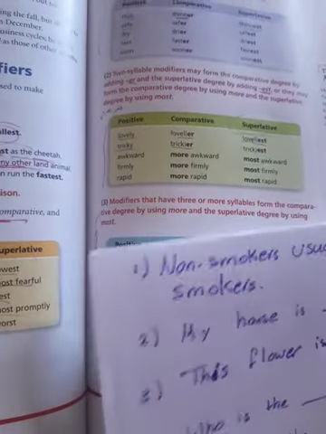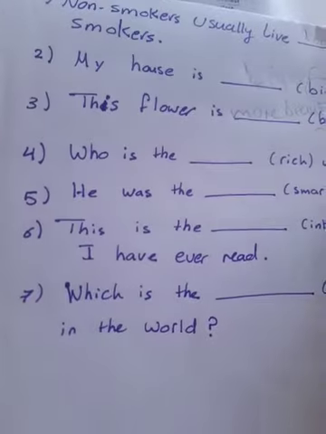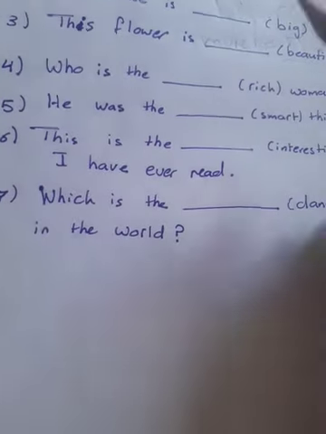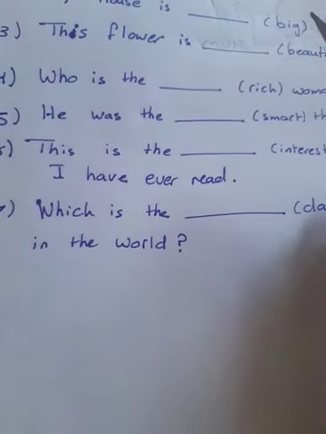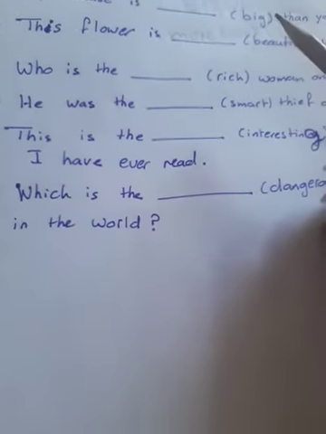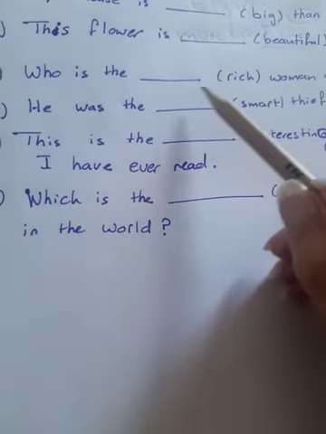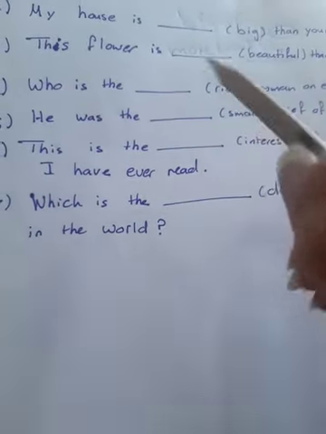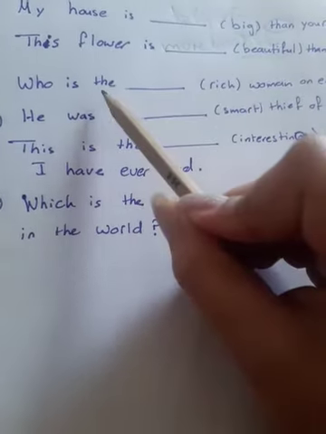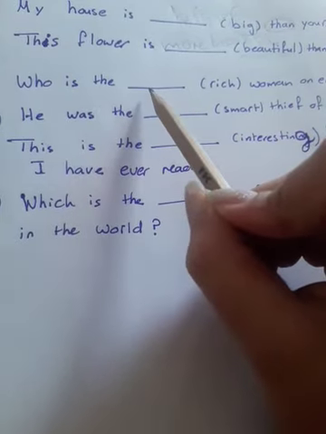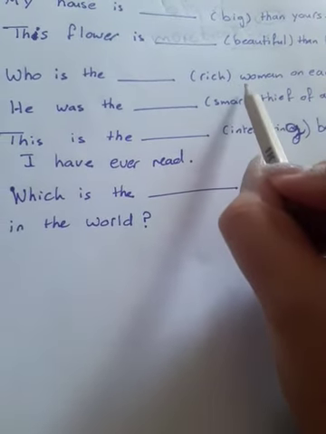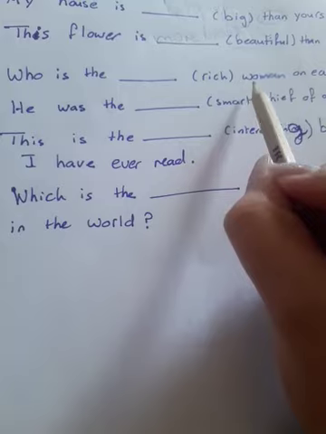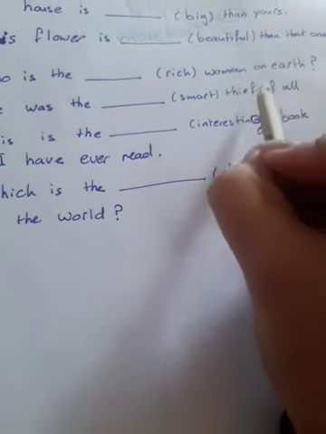Okay, now I want you to see this paper here. Who is the rich woman on earth? Now look at this structure here. Here I just used one person, woman. I compared one woman to all persons on earth.